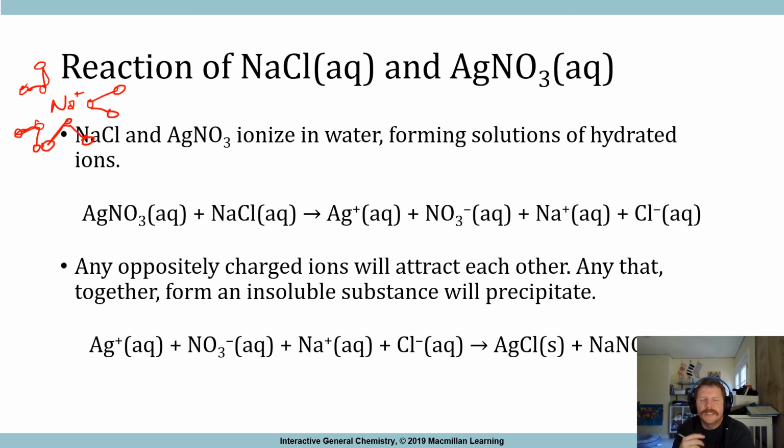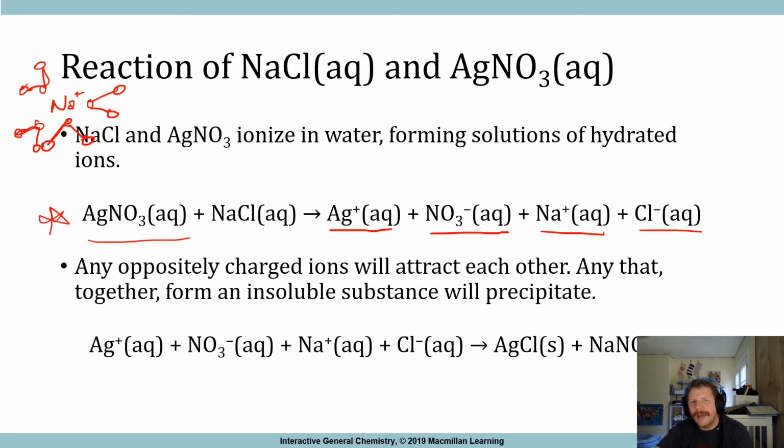They're floating around in solution. They're going to dissociate. And what they're going to do is the cation from AgNO3, silver, is going to pair up with the anion from NaCl. So here is the result. We got AgNO3 plus NaCl results in Ag+(aq), NO3-(aq), Na+(aq) plus Cl-(aq).